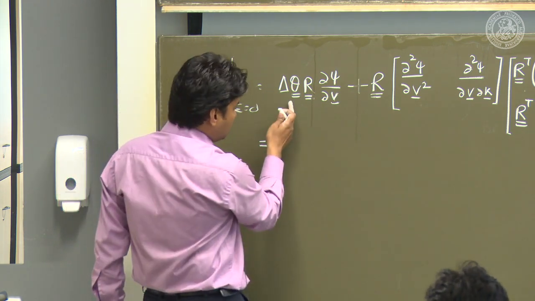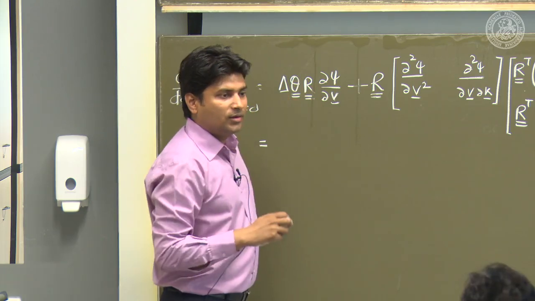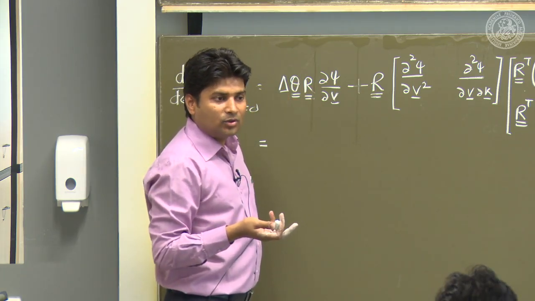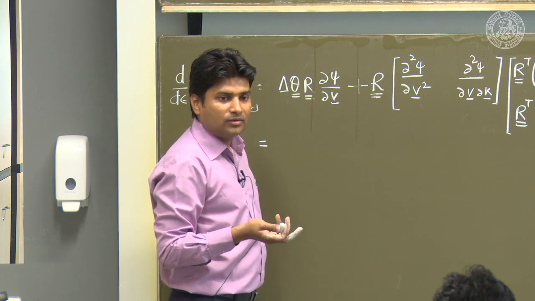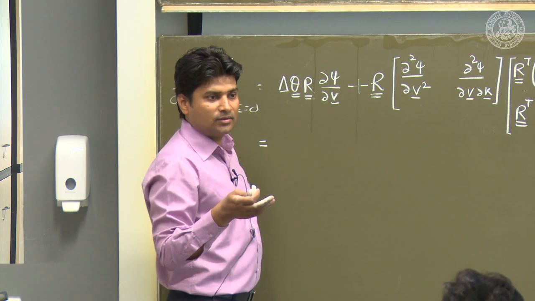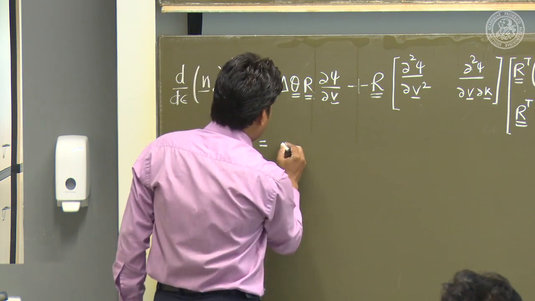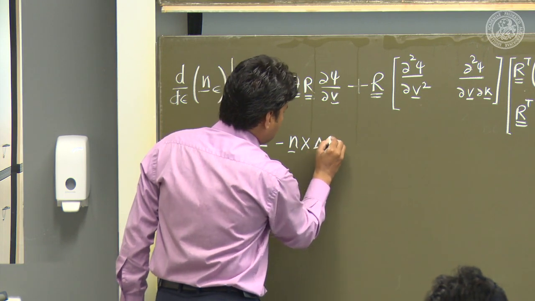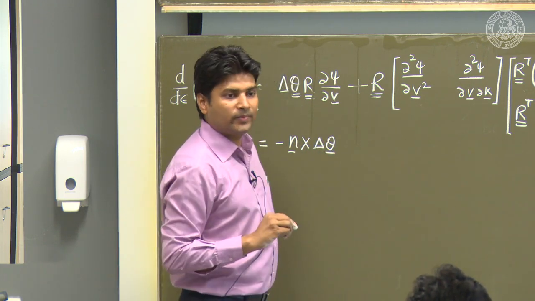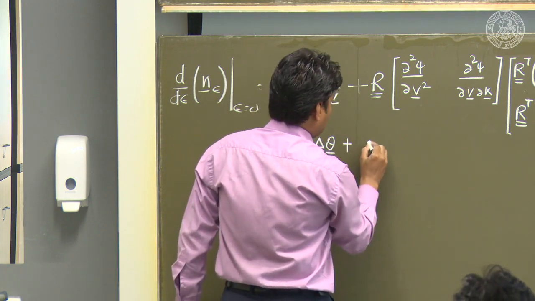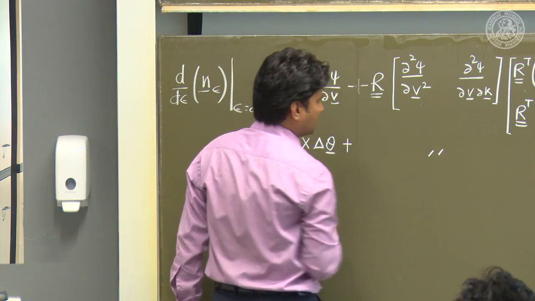So that's delta theta into N, but delta theta is skew symmetric, so it becomes delta theta cross N, or minus N cross delta theta, right. So this term is the same as minus N cross delta theta, whereas this term over here is as it is.